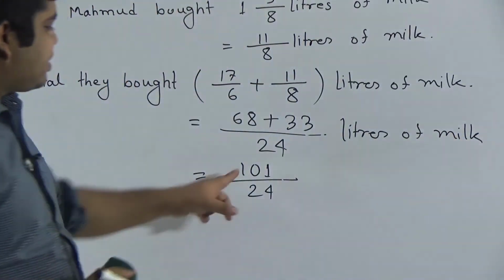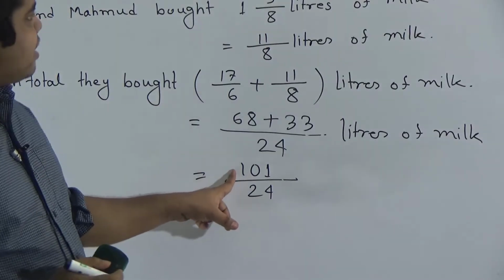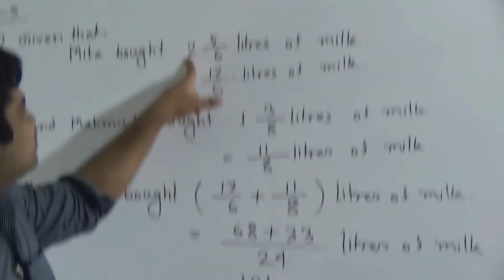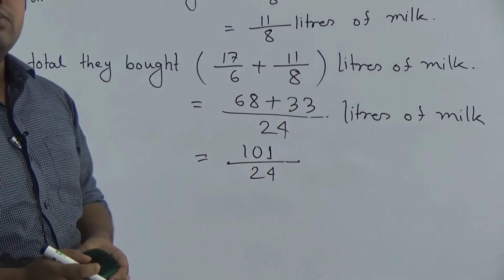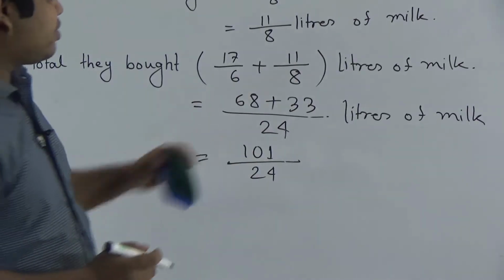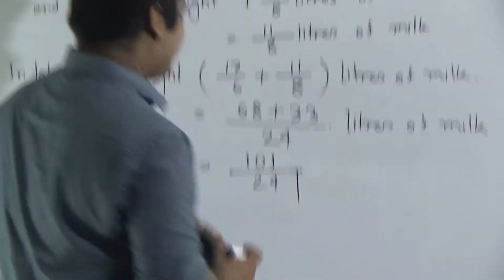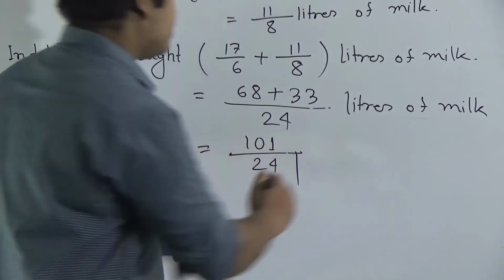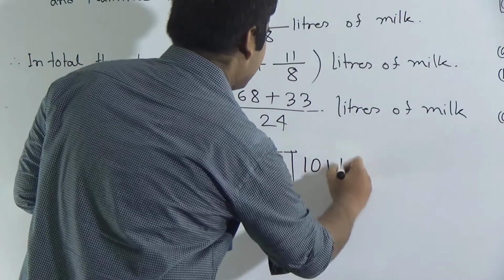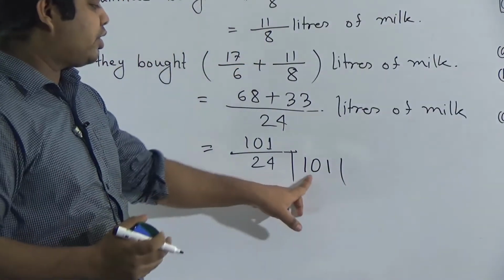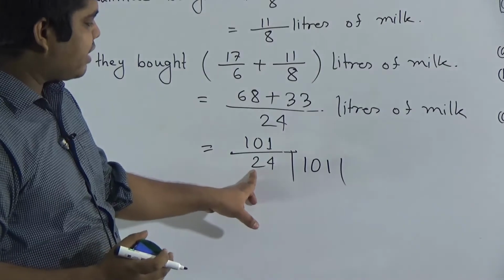My dear students, notice this is an improper fraction, but the amount is given in mixed fraction. So we convert this improper fraction into a mixed fraction. How can we do it? At first we do division. That means we divide 101 by 24. At first we take 2 digits, 10. 10 is smaller than 24.